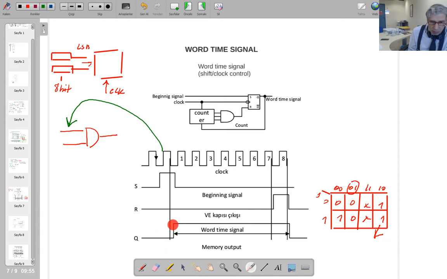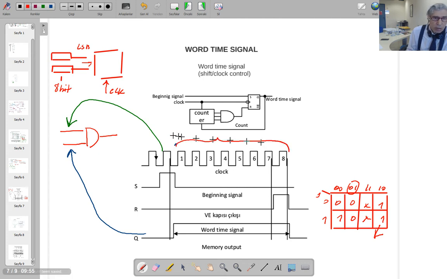It has got a time interval which includes 8 clock pulses in it, and it becomes 0 here. If you apply this signal to this input of your AND gate, what you're going to observe at the output is only these 8 clock pulses seen at the output here.